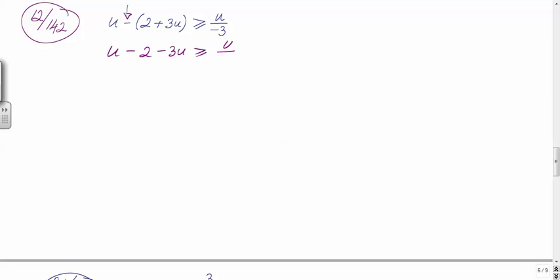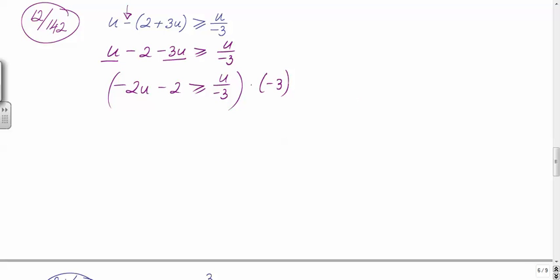Next step, you can definitely combine the like terms on the left, which gives you u minus 3u will be negative 2u minus 2 greater than or equal to u over negative 3. What should we do next? I have u over negative 3. I can multiply everything by negative 3, and that will remove my denominator on the right side.